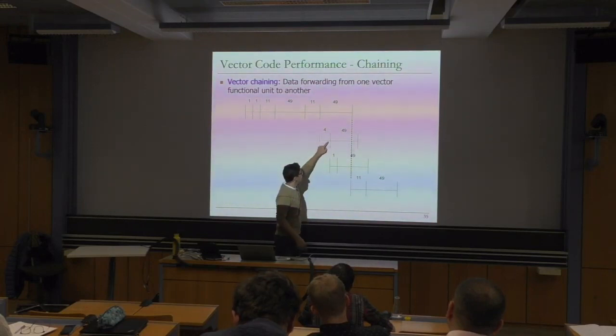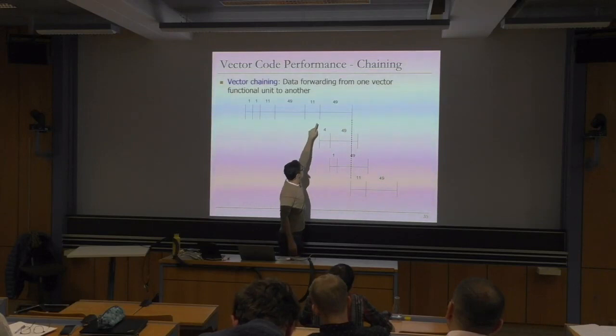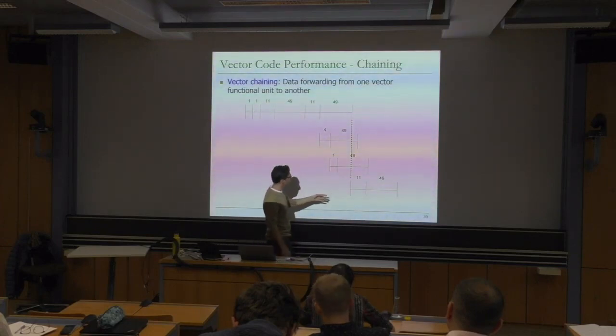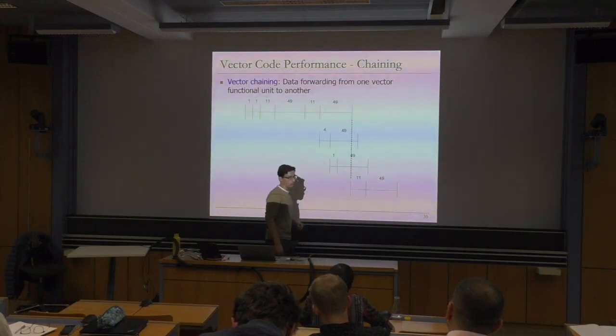And as soon as we have this addition, A0 plus B0, we can start the shift right. Observe that we are chaining from here to here, from here to here, and there's no chaining here simply because we have to wait for the store until the two loads have finished.